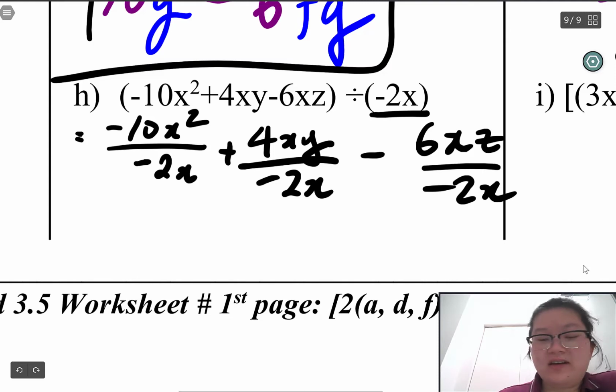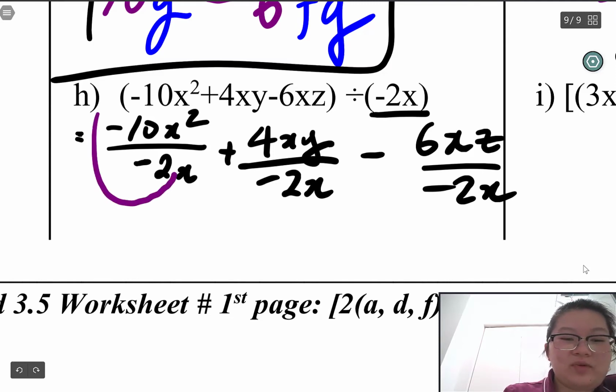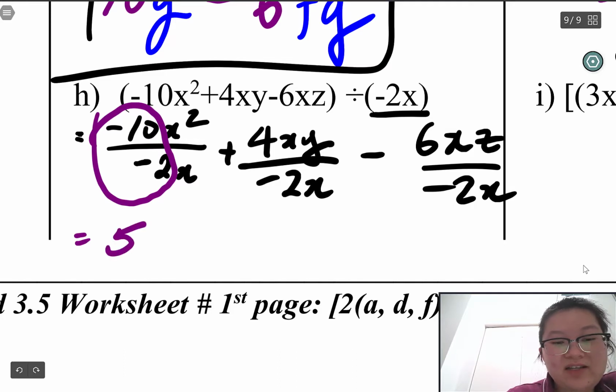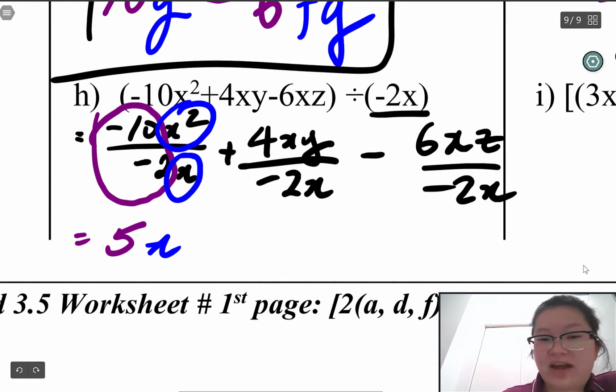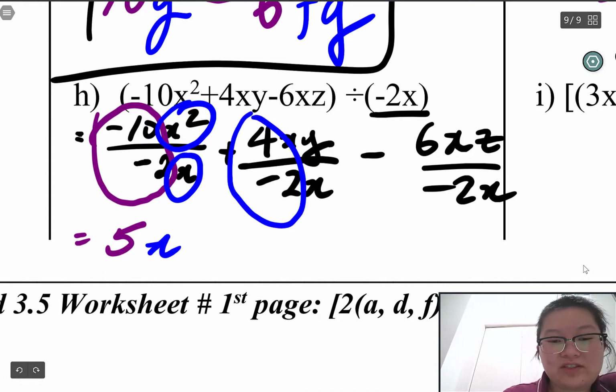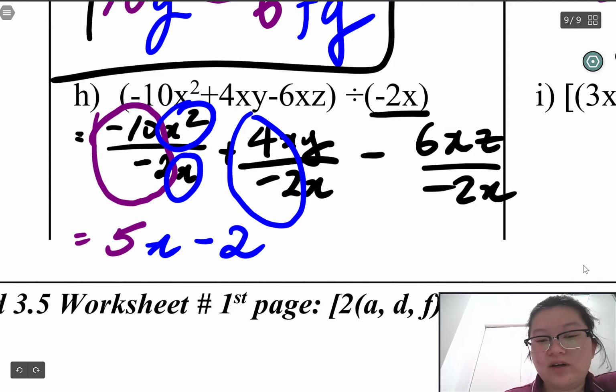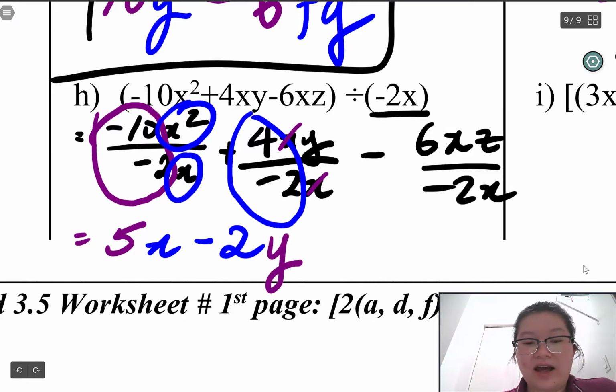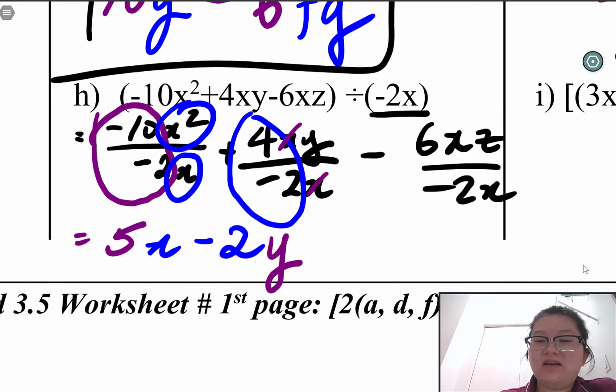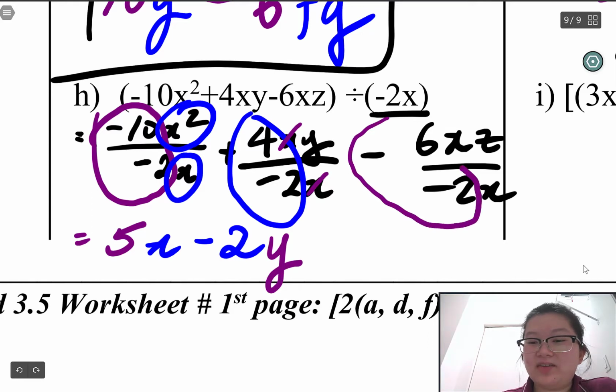And again, the numbers treat the numbers, variables treat the variables. Negative 10 divided by negative 2 gives me a positive 5. My x squared divided by x gives me a single x. Next up, I have 4 divided by negative 2. This is just going to be negative 2. And next up here, I get my x and the x canceling out, leaving me with just a y. And then here I have negative 6 over negative 2.